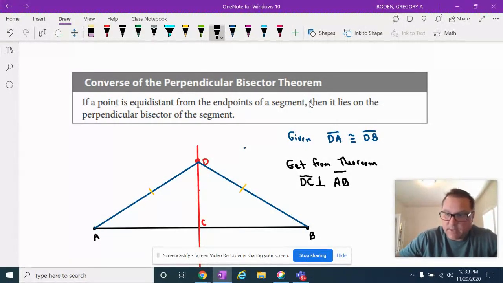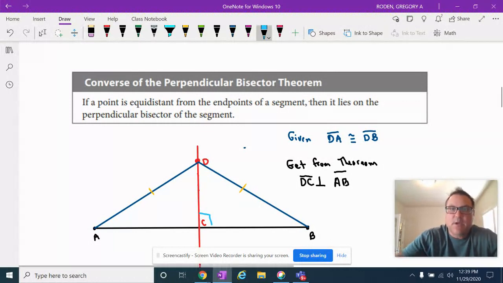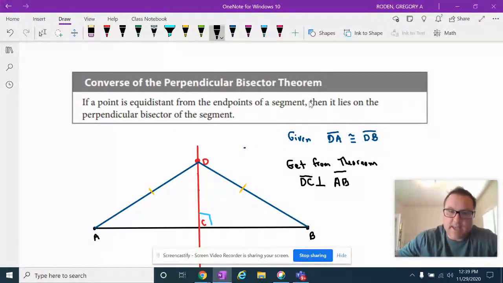All angles at C are right angles. So if we wanted to, we could put a right angle symbol in here because we know that it's on the perpendicular bisector. But we also get that AC is congruent to BC. So we get some nice pieces of information here.